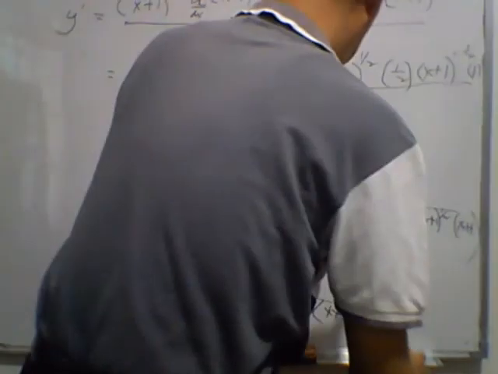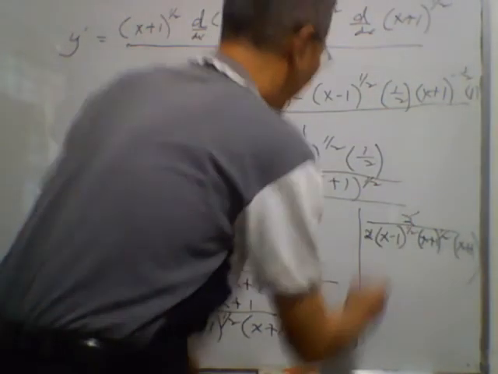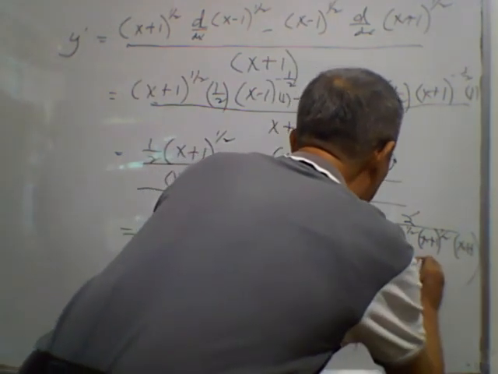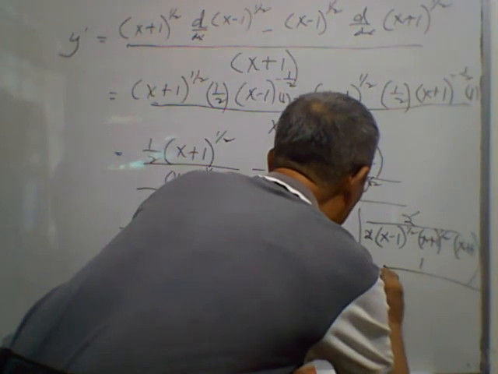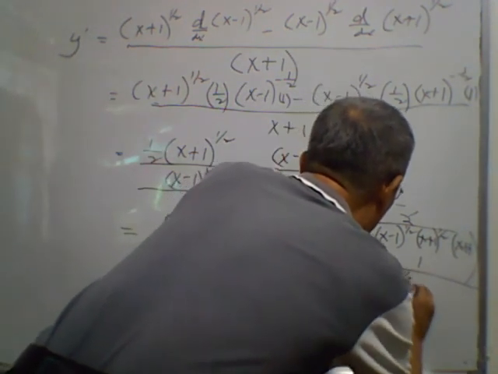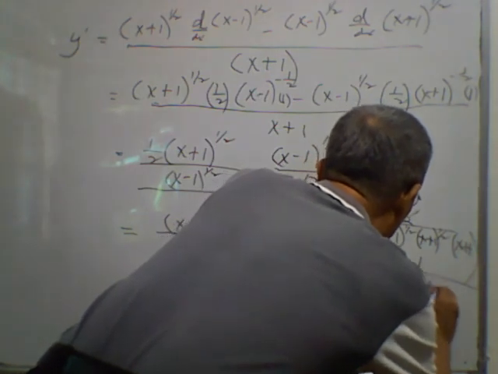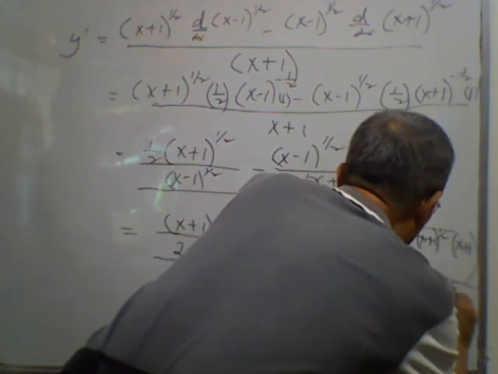So we cancel out 2 here. And for our final answer, that will become 1 over x minus 1 raised to 1 half, x plus 1 raised to 1 half, and also x plus 1.